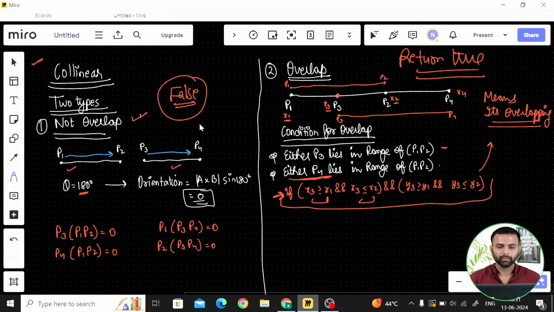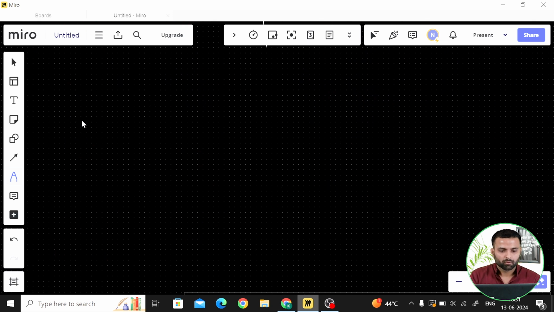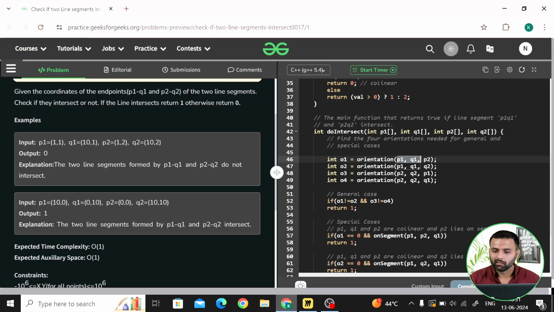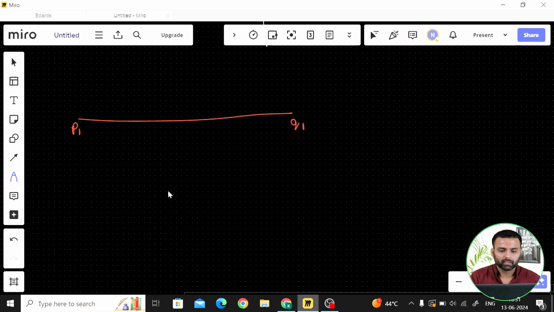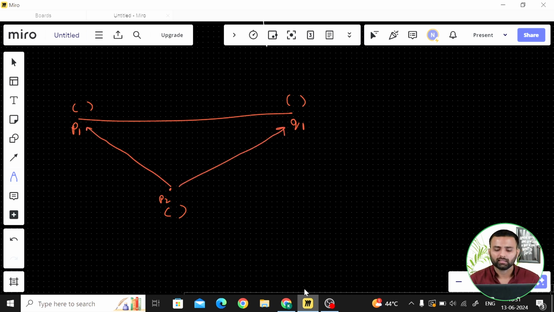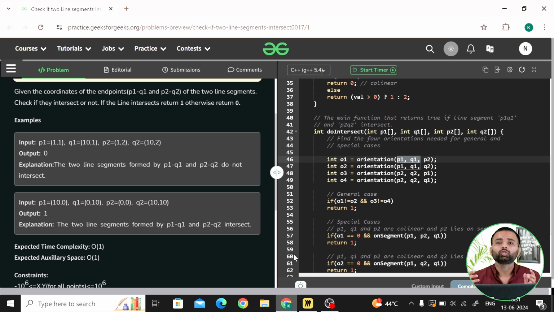Let me draw a bit. That is P1, Q1 we have. And P2 is something here. For example, here we have some endpoints. So what I'm doing is I'm making two vectors, and using those vectors I'm checking your orientation.